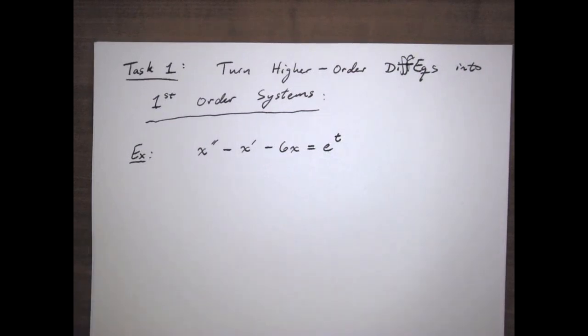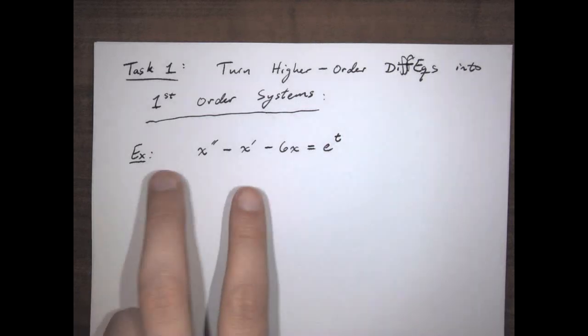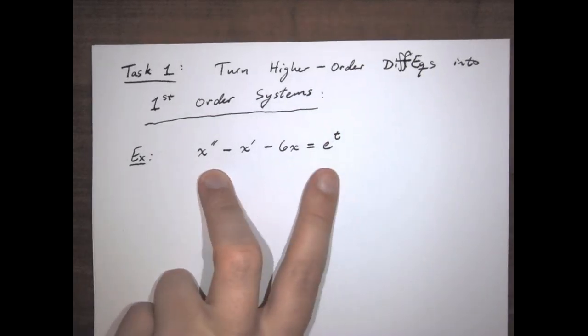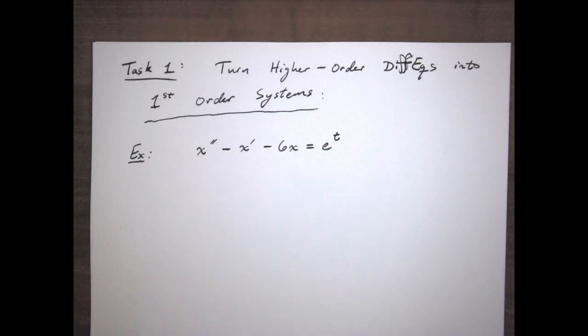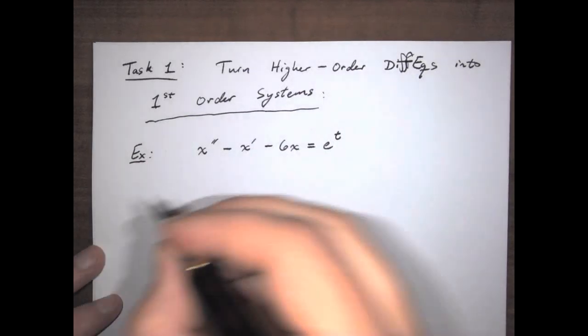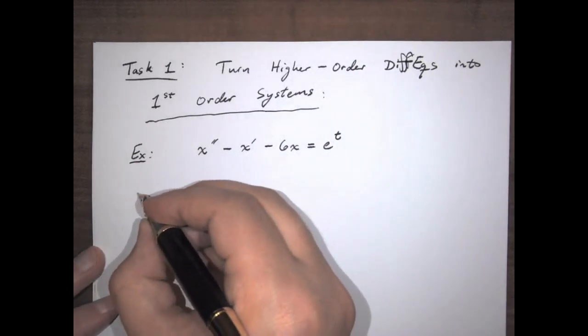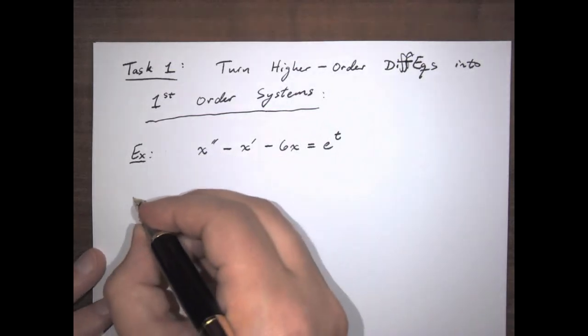It is one that we could easily do by the methods that we were just discussing in the previous chapter. We can find the complementary solution by looking at the characteristic polynomial. We can find a particular solution by using the method of undetermined coefficients. But let's now take on the task of turning this into a first order system.